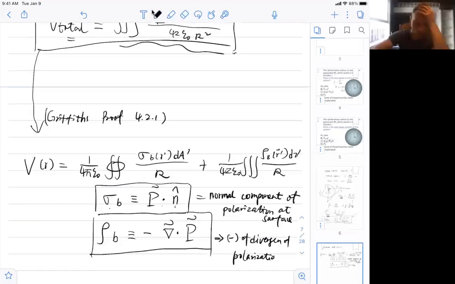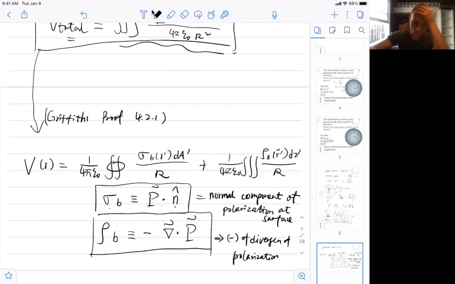You might wonder why one is called surface density and one is called volume density, and that's what we're going to do next. We're going to evaluate these two terms and see how we can make sense of these two different densities.